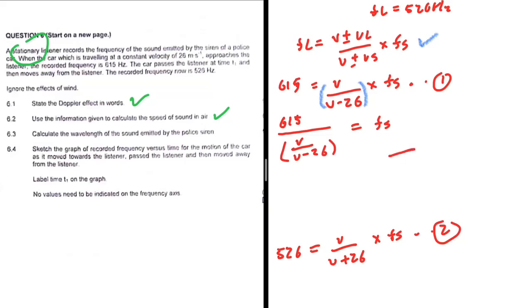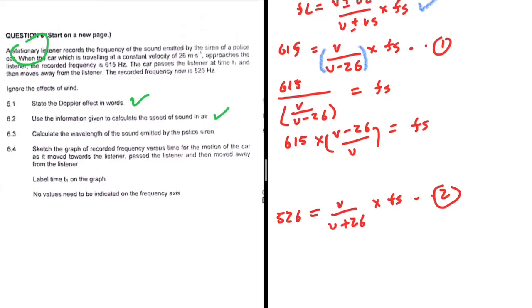Dividing by a over b is the same as multiplying by b over a. So we can apply that idea to get over that hurdle. So 615 multiplied by (V minus 26) divided by V. We can write it like this instead, and this is Fs.